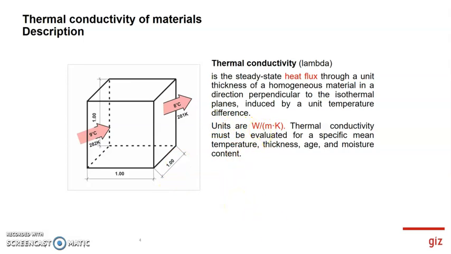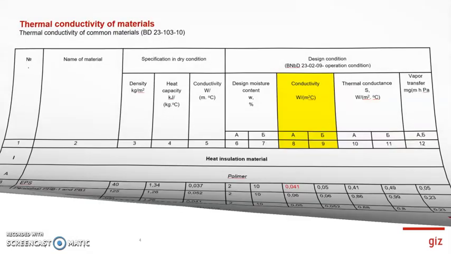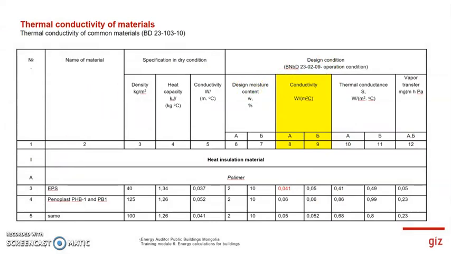The calculation is already done by other people, and you normally can find that in tables like this one, for example. You have here the EPS 0.441 as conductivity and some other units which are also important for the assessment of materials and if they are good for the purpose which they are aiming for.